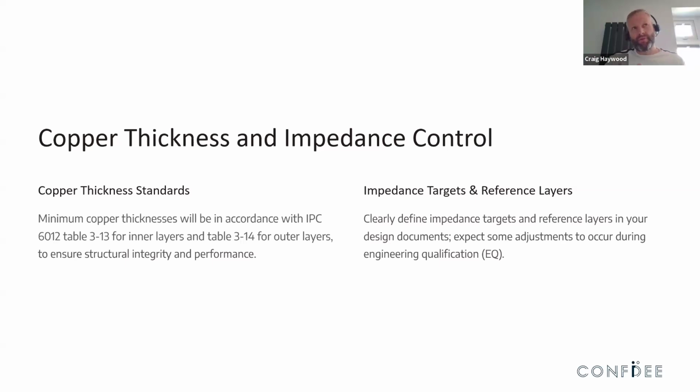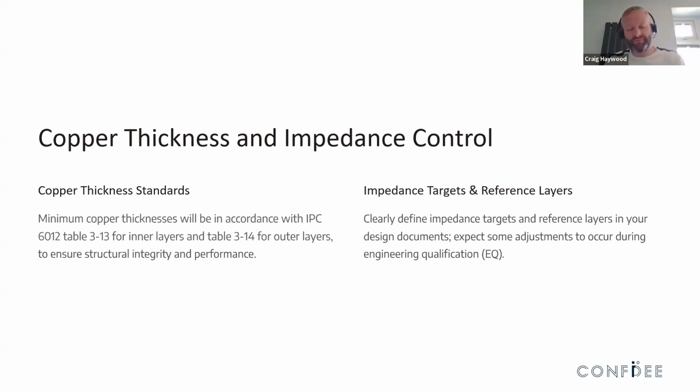By that we mean you may have calculated your impedance with a 0.1 track and gap and supplied your data like that. The manufacturer might look at the copper distribution on the inner layers, or look at the prepreg types that they're going to use, and then say, actually, we think you need to slightly adjust this impedance track, or increase the gap, just to make sure we're hitting that target.